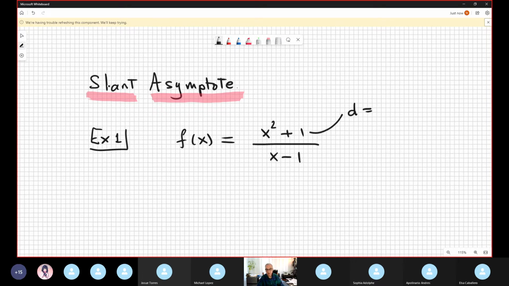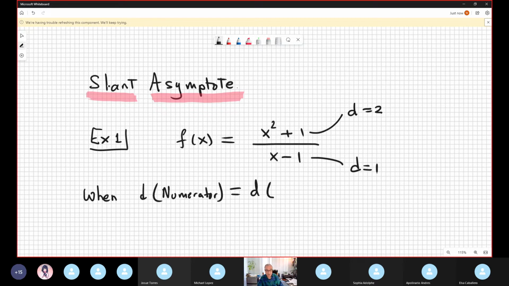Degree 2 of the polynomial at the top and degree 1 at the bottom. So when the degree of the numerator is equal to the degree of the denominator plus 1, not plus 2, not plus 3, plus 1, so one more, yes, we have a slant asymptote.